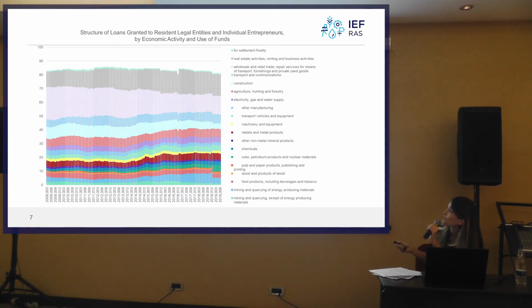Also, the share of construction gradually decreases. The share of transport and communication and agriculture remains stable at about the 6.5 level.